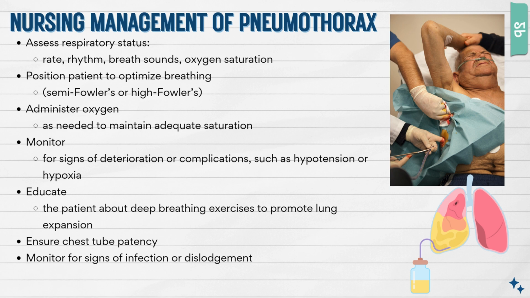The nurse is going to need to monitor their respiratory rate, the rhythm, breath sounds, and oxygen sats closely, okay? Those parameters can change rapidly if the pneumo gets bigger and worsens, okay? You also want to position the patient in a semi-Fowler's or high Fowler's position because that can help the ease of breathing and promote lung expansion, as long as it's not contraindicated for any other reason, okay?